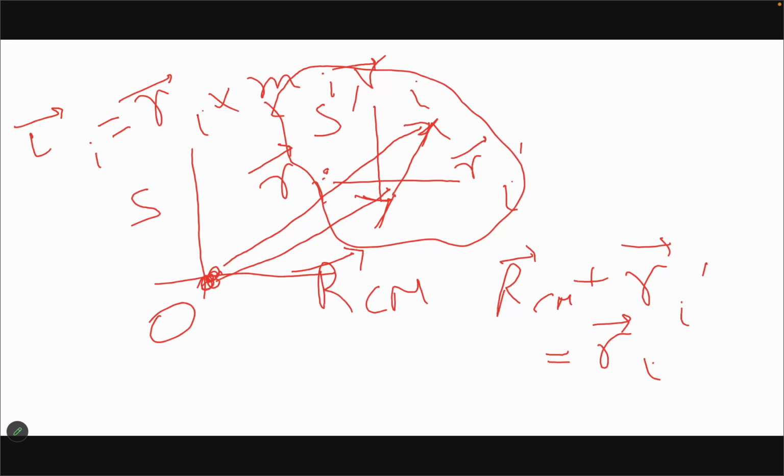What will be summation of m_i r_i prime for any body where r_i prime refers to positioning of particles of the body vis-a-vis center of mass frame? Yes, sir. So I was saying, if the r_i primes were measured from a particular axis, then you could correlate that with the moment of inertia with respect to that axis, right? But they're measured from the center of mass origin.